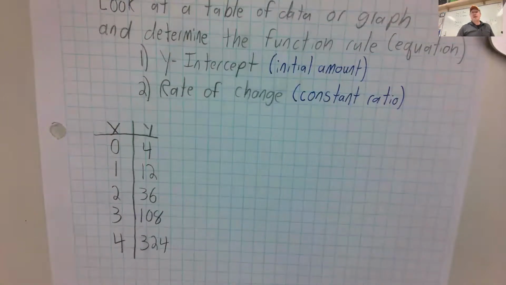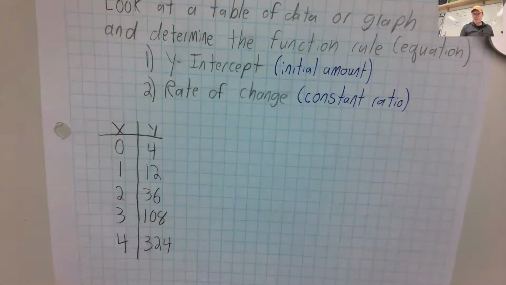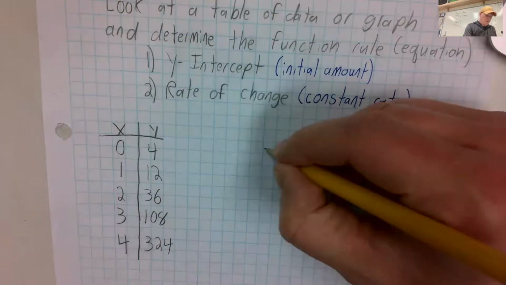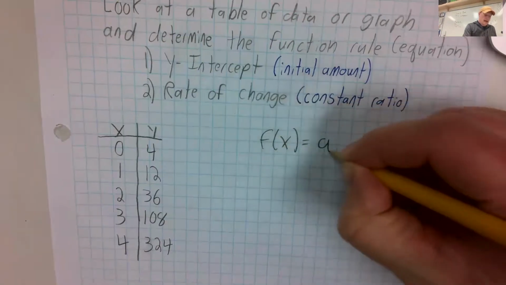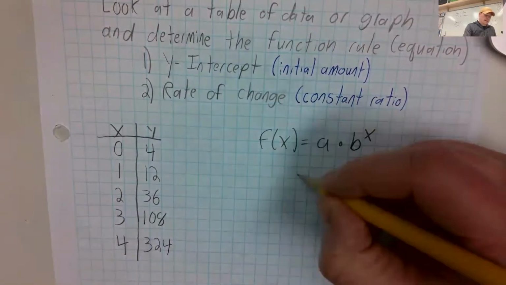Now I have a table of values. I could put these values onto a graph and do what I just did, but I'm going to save myself the time because I can pull the key information just from this table. Again, we're looking for f of x equals a times b to the x. What is a?